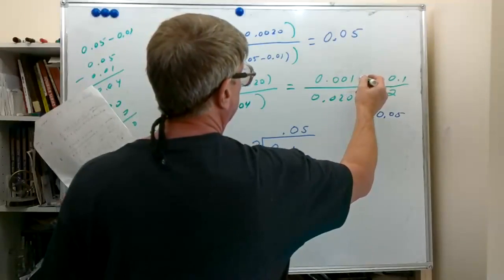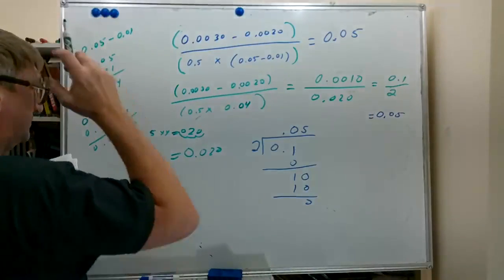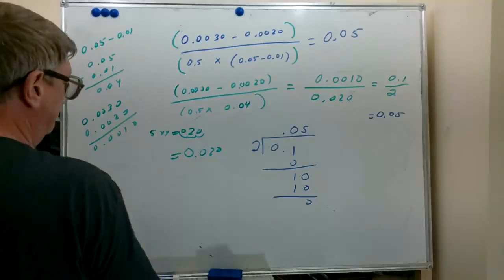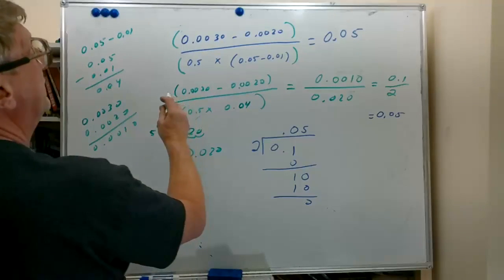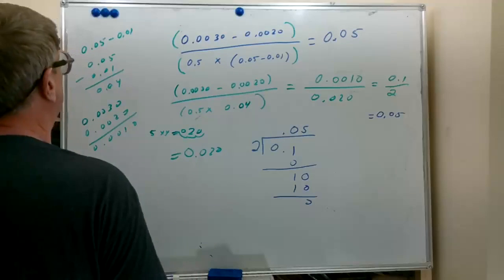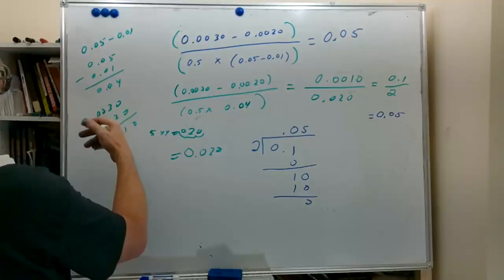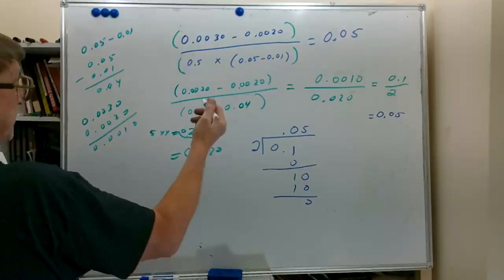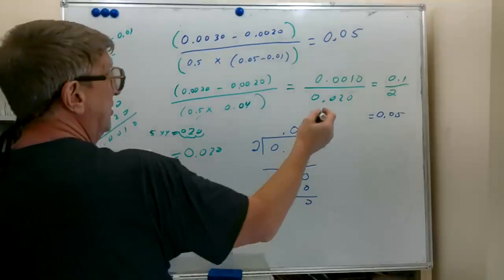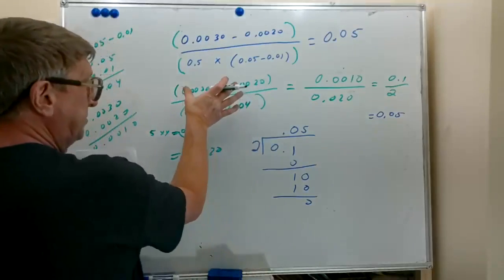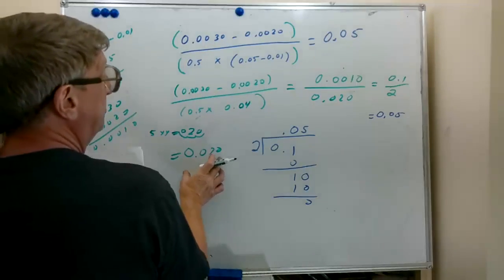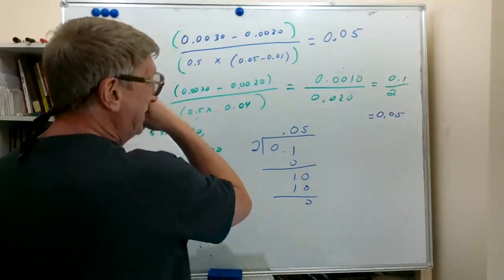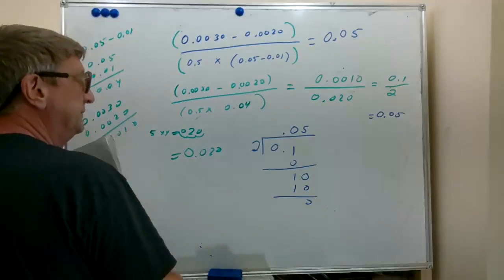I'm going to put it back in there. Then we did the subtraction in the numerator. 0.0030, 3 10,000ths minus 0.020, 20 10,000ths, got 10 10,000ths. So we put the 10 10,000ths here to take the place of the numerator, and this 0.02 or 20 100ths to take the place of the denominator.